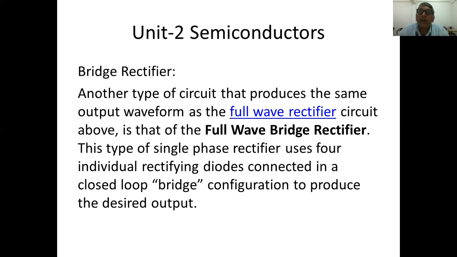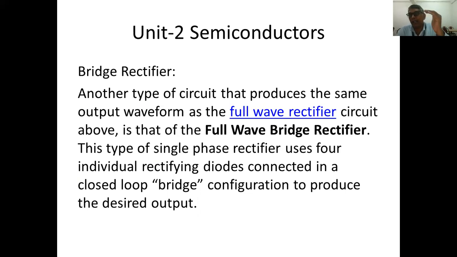And the last type of rectifier we use is called a bridge rectifier. The one difference between a full-wave rectifier and a bridge rectifier is that a full-wave rectifier uses 2 diodes, a bridge rectifier uses 4 diodes.